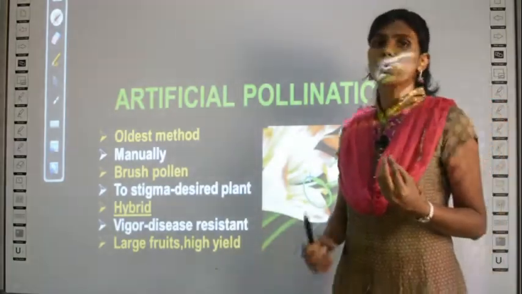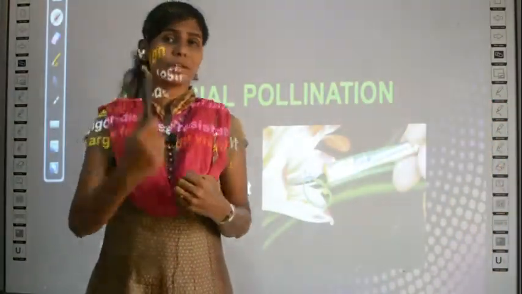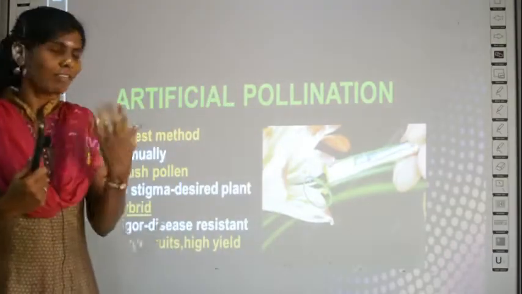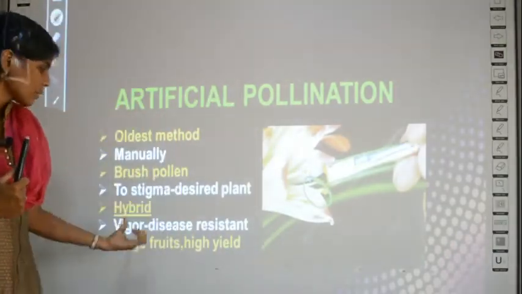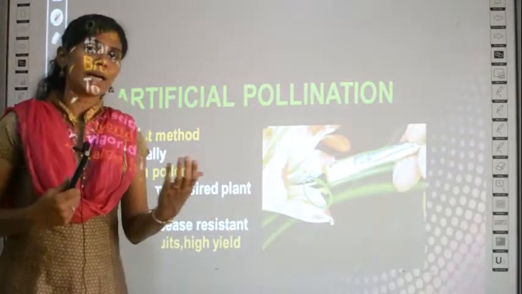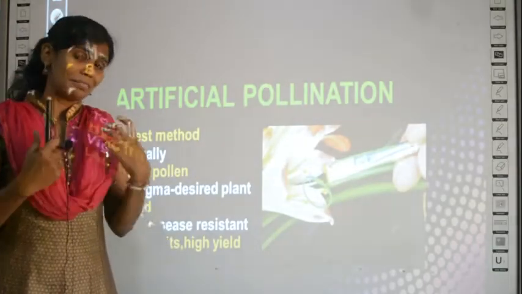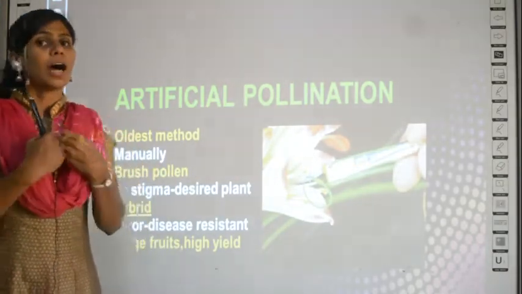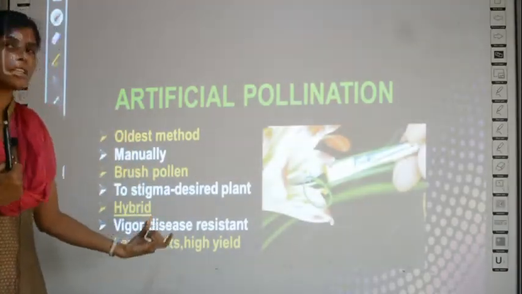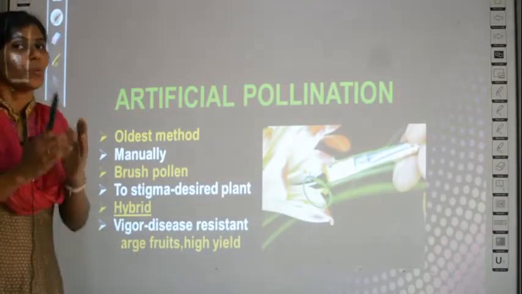Vigor means it is very active in nature, very active in its growth or fruit or flower production. Clear? It is vigorous and disease resistant when compared to plants from natural pollination. Artificially pollinated plants are more resistant to diseases, diseases do not easily affect them, and their fruits are very large.